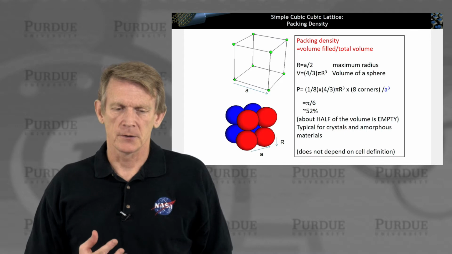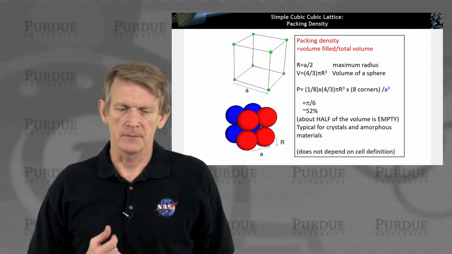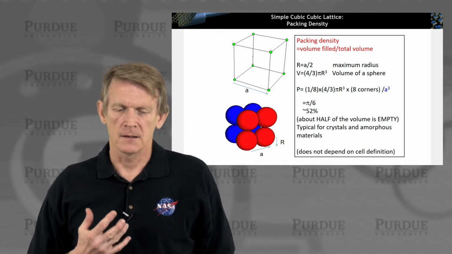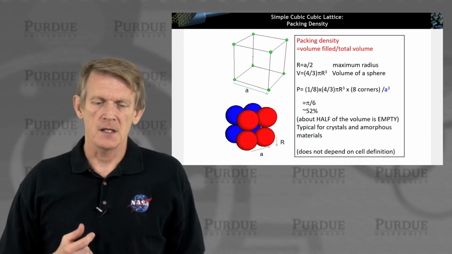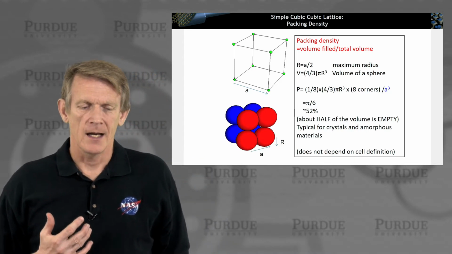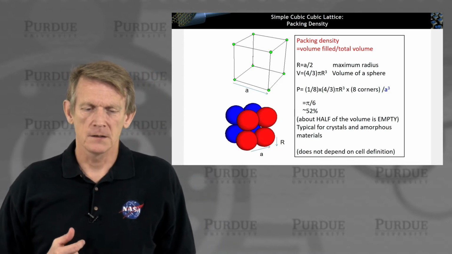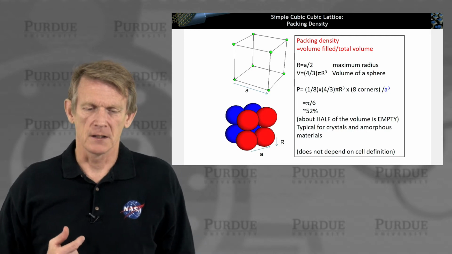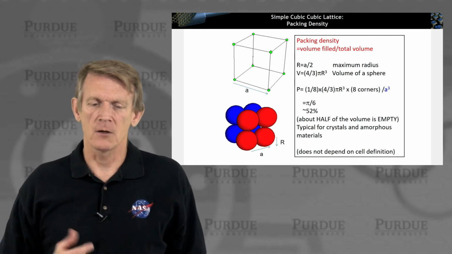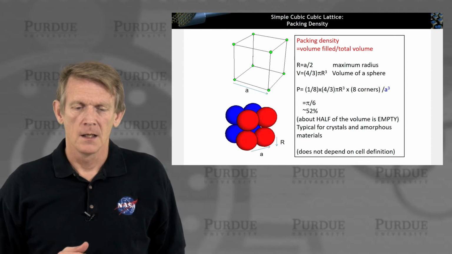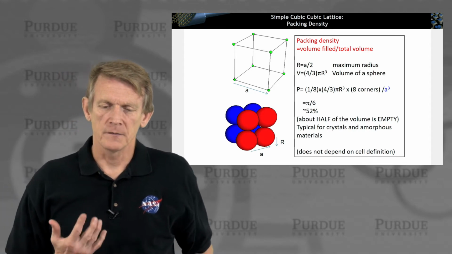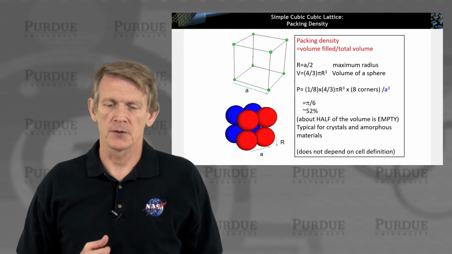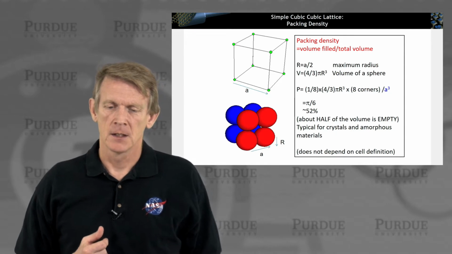So for the simple cube, you can clearly see that you can make the radius of each of these atoms half the length of the unit cell A. So the radius is A over 2. And the volume of a sphere is, of course, 4/3 pi r cubed.